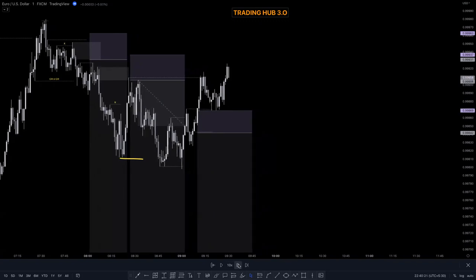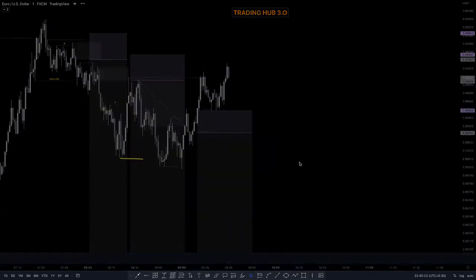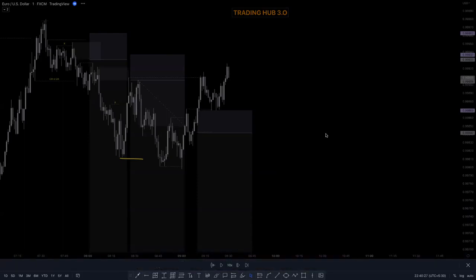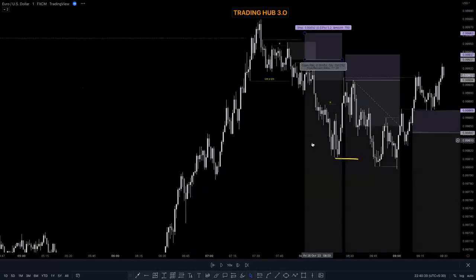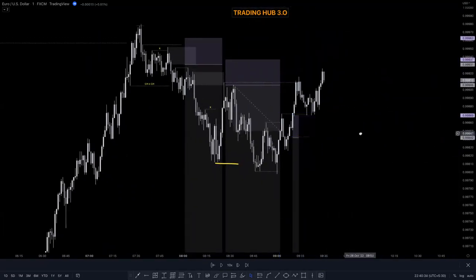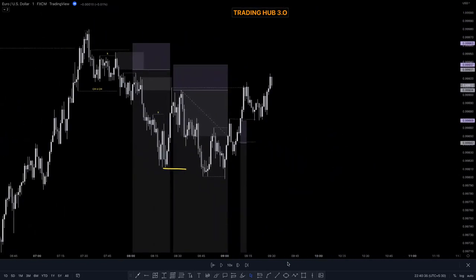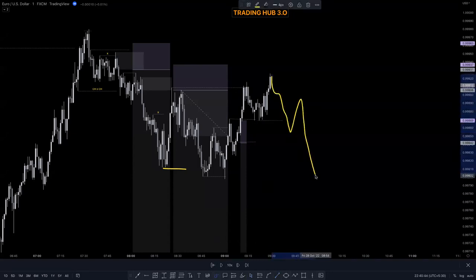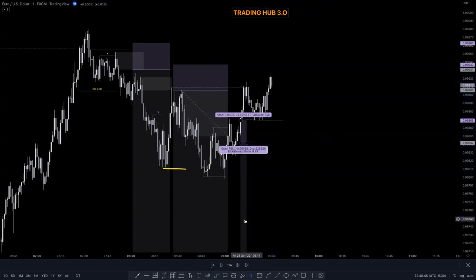Okay. What is happening? Okay, so now we can take entry if market breaks this low, and this low acts like a change of character, and we can sell here like this.